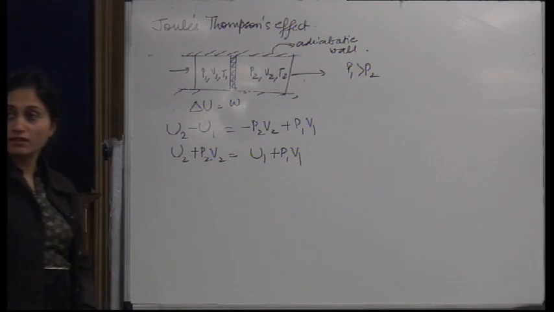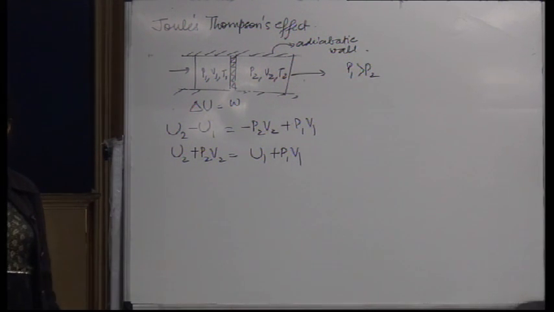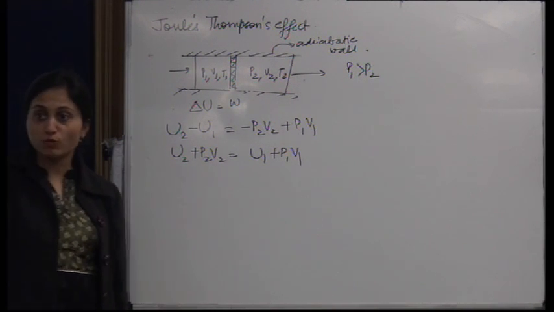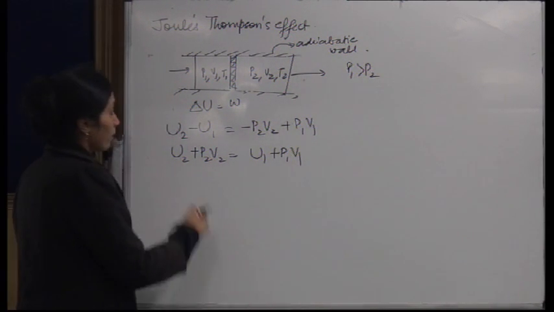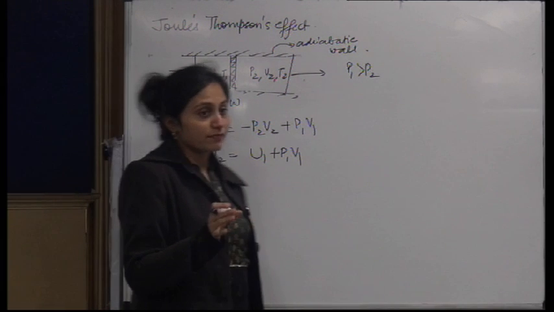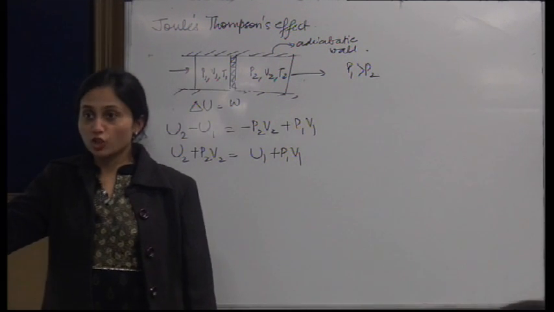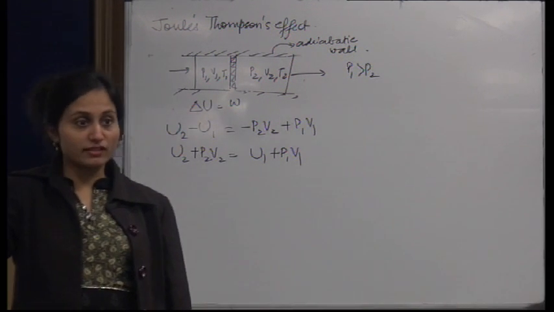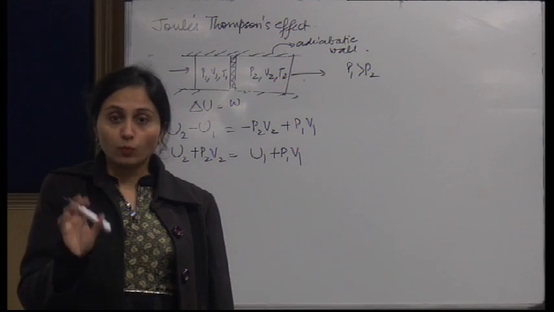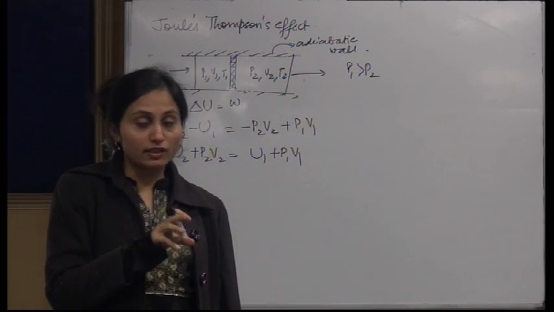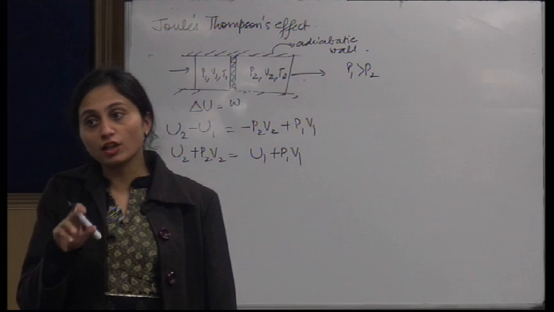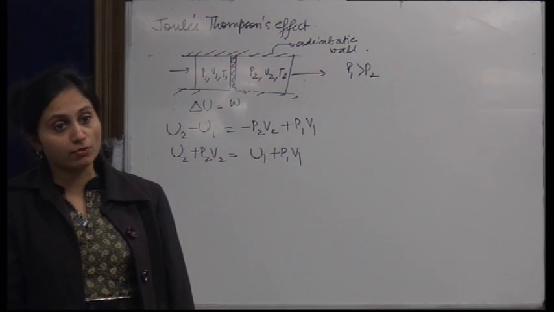Just look, this derivation will not be asked anywhere, so I just want you to understand this more than anything else. Before the Joule-Thomson effect, Joule himself had independently done an experiment where the change in internal energy with change in volume at a constant temperature was found to be equal to 0.